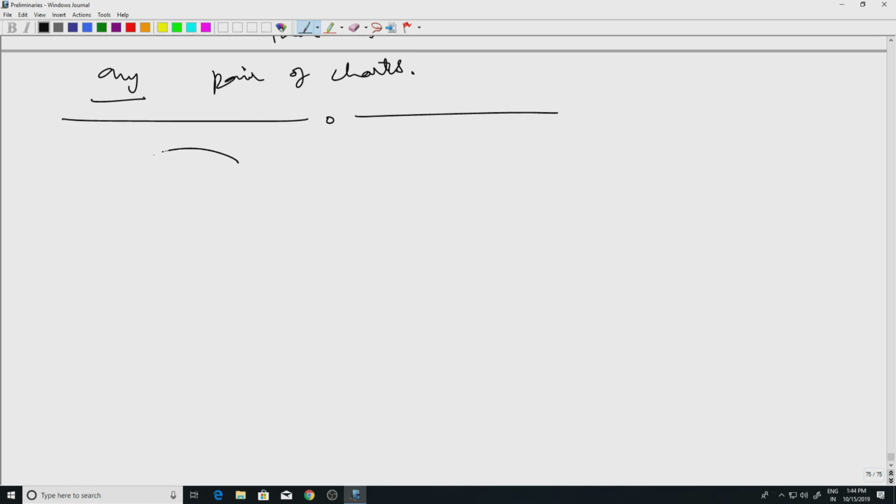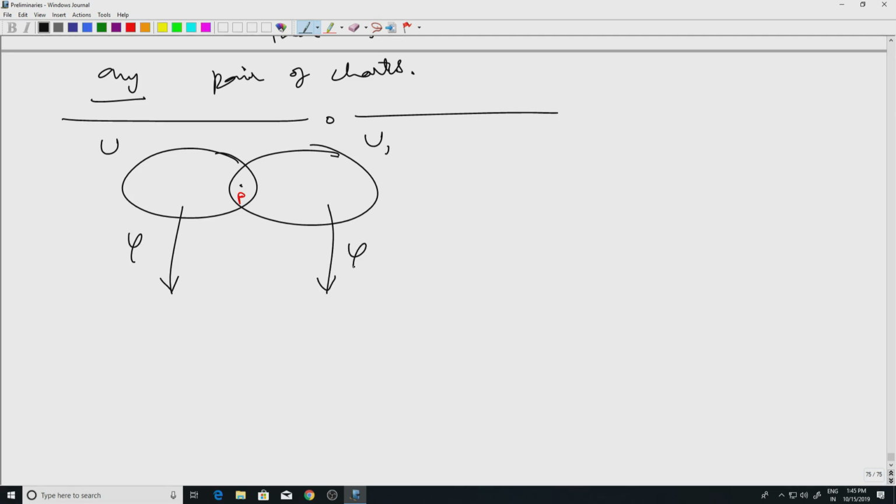So let's start with the point P. This is my point P. I changed notation slightly now. Earlier U1 was an open subset of some Euclidean space, but now I'll use U and U1 to denote two charts on M, and the corresponding homeomorphisms phi, phi1.